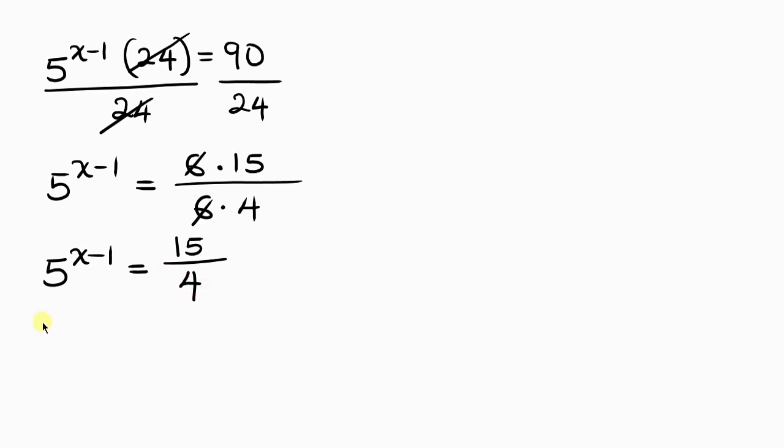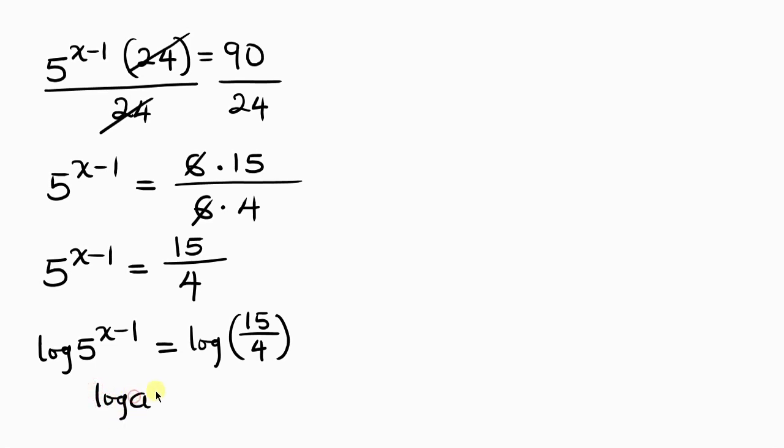Now our next step will be for us to take the log of both sides. So I'll take the log of 5 to the x minus 1. This is equal to the log of the right-hand side, which is 15 all over 4. Very good. Now our next step will be for us to apply the law of logarithm, which says when I have log of a to the n, this is the same as n log a.